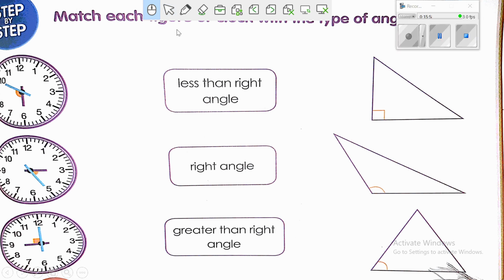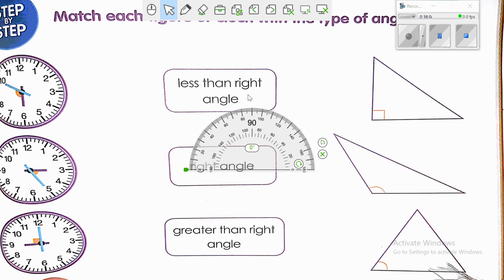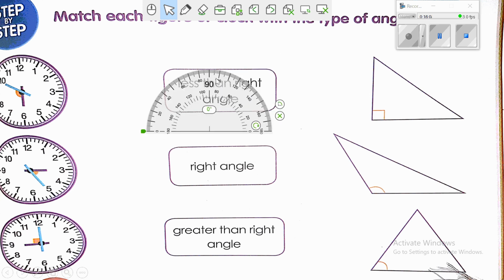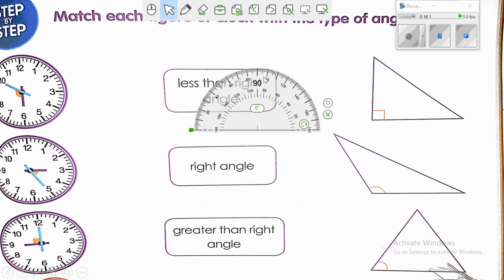Before we solve, I will let you see how we measure the angles together. Here it is. This one, we don't call it a ruler, it's the protractor. Say with me, protractor, protractor, protractor. In a protractor, I'm using degrees. How will I do it?